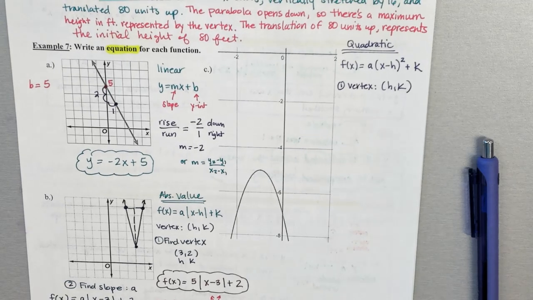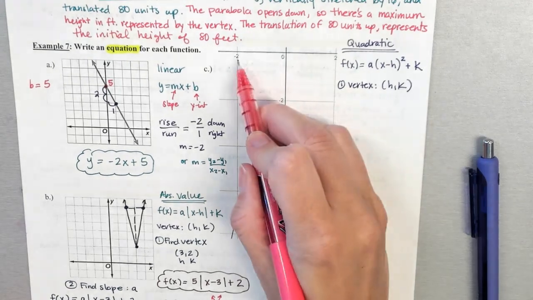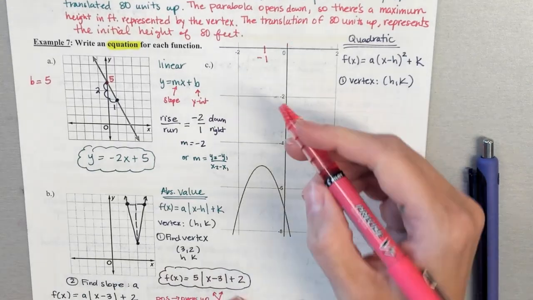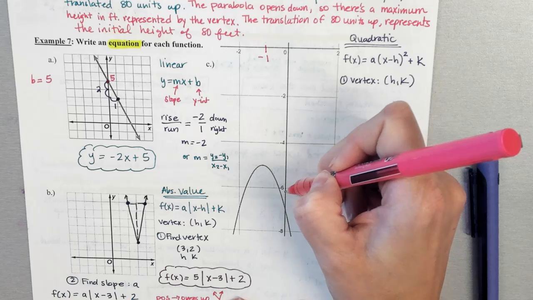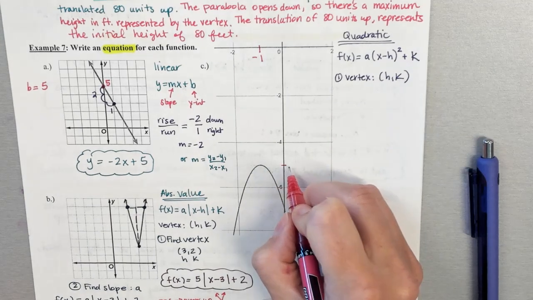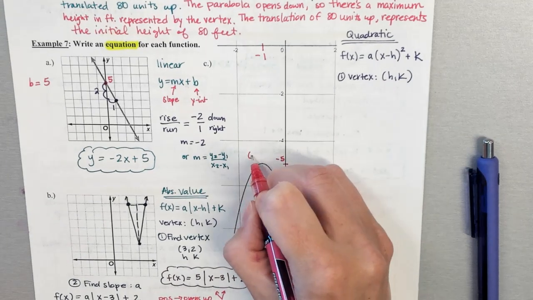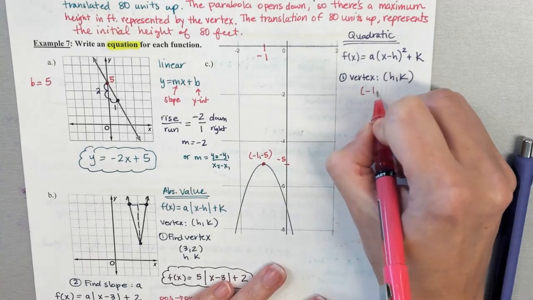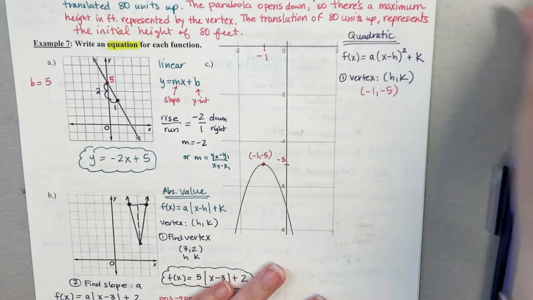When you're finding that on the graph, this is 0, this is -2, so halfway is -1. And then this goes -2, -4, -6. So this is halfway. So your vertex is -1, -5.